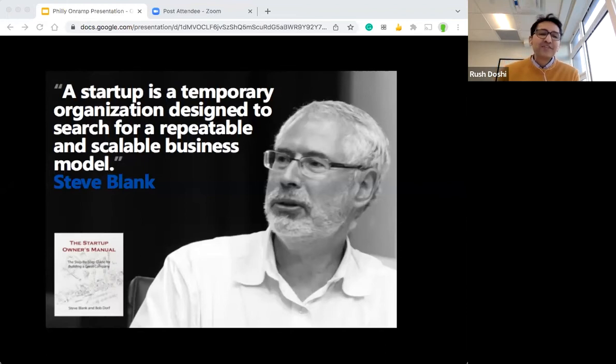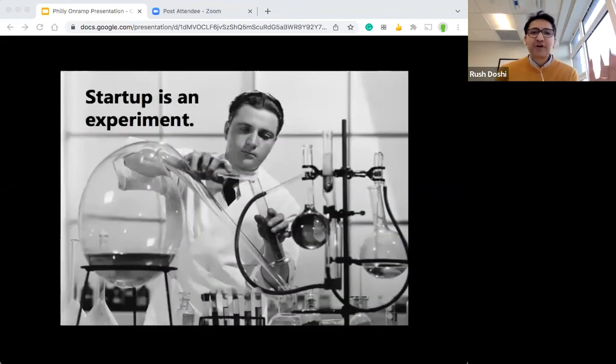It's something interesting because when I was doing my startups, at least my first couple of startups, I never thought about it this way, but it makes a lot of sense to me now, where the startup really is an experiment, and it's a mindset shift in some ways.